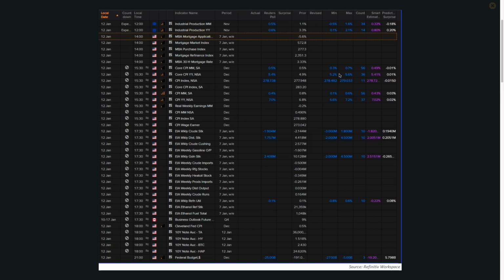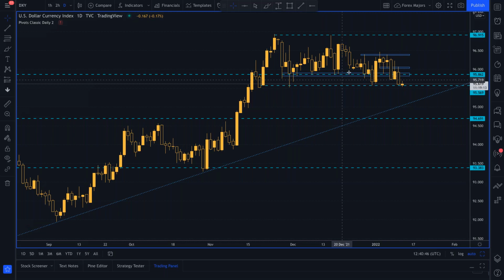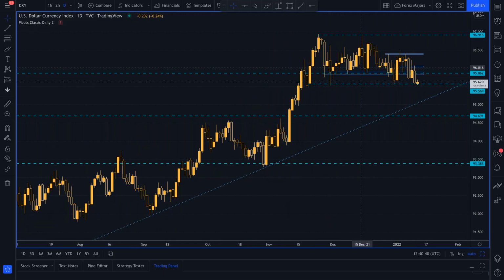Now, what I'm saying today is if it comes in outside the range to the upside, so say the headline comes in at 7.3 and the core comes in at 5.7, that's not a massive surprise because we already know that. We already know that inflation's a problem. We already know that the Fed is being hawkish. They're expected to hike 3 times this year, possibly 4.